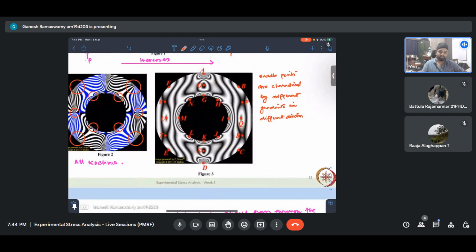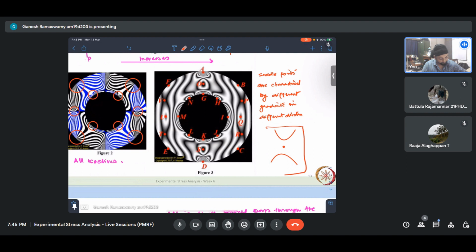If we were to look at the animation, what a saddle point would essentially be like is, if this happens to be our point of interest and we have two fringes for load case 1, as we increase the load, these will merge. So this is a characteristic of a saddle point.